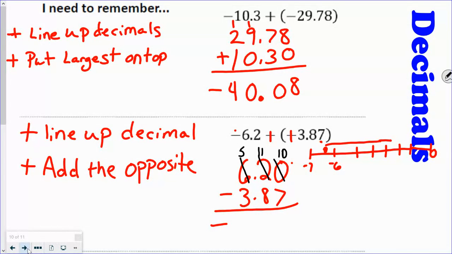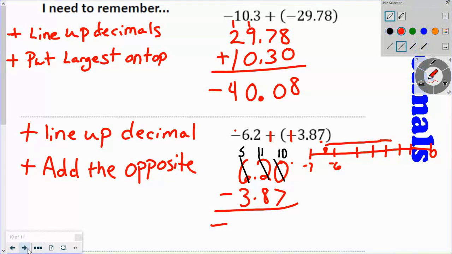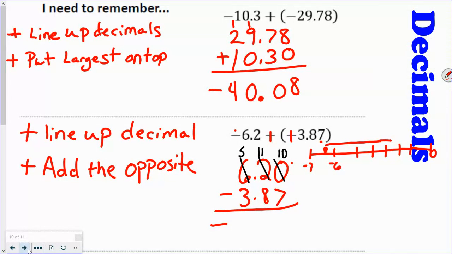Now I can actually do my subtraction. 10 minus 7 is 3. 11 minus 8 is 3. 5 minus 3 is 2. And the decimals are lined up. So we end up a little bit more than that, between -2 and -3.